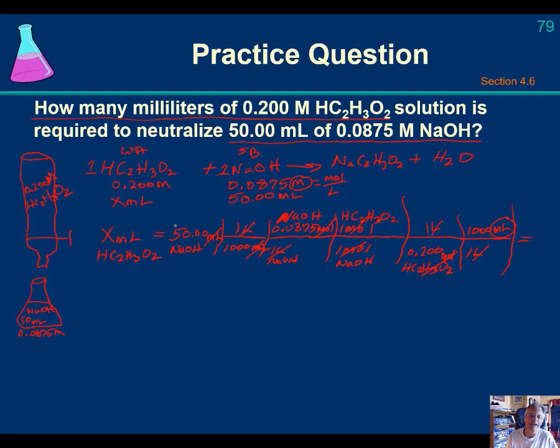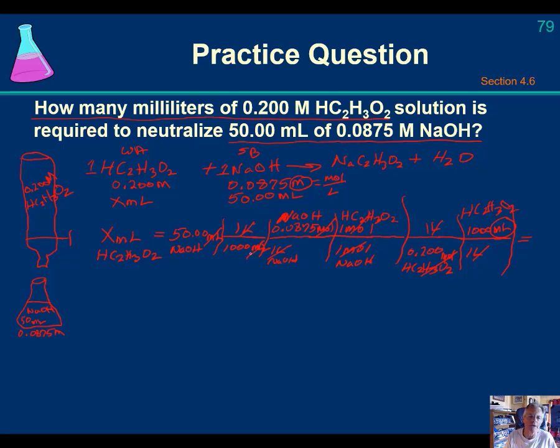That gives me my X factor, which is X milliliters. This is the acetic acid. And so once I plug this into the calculator, that will give me the milliliters of acetic acid that are required to neutralize 50 milliliters of 0.0875 molar sodium hydroxide.